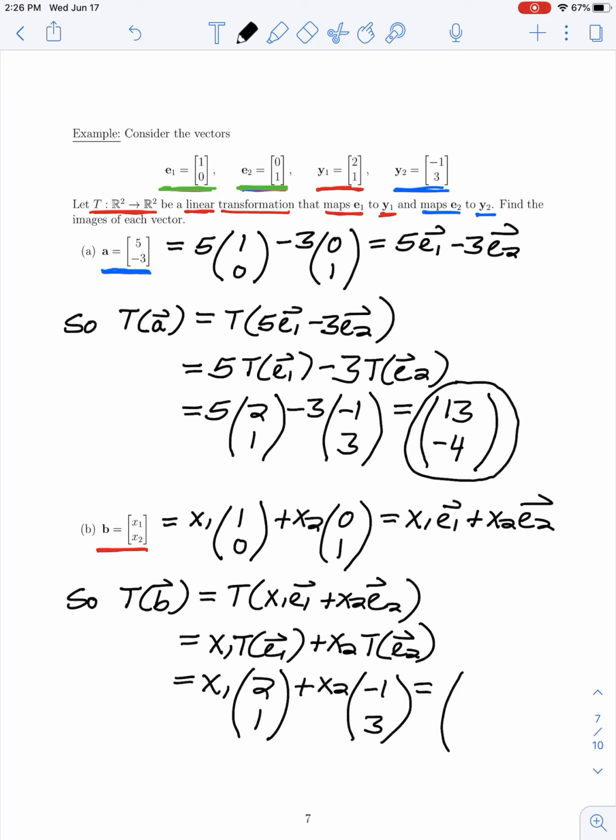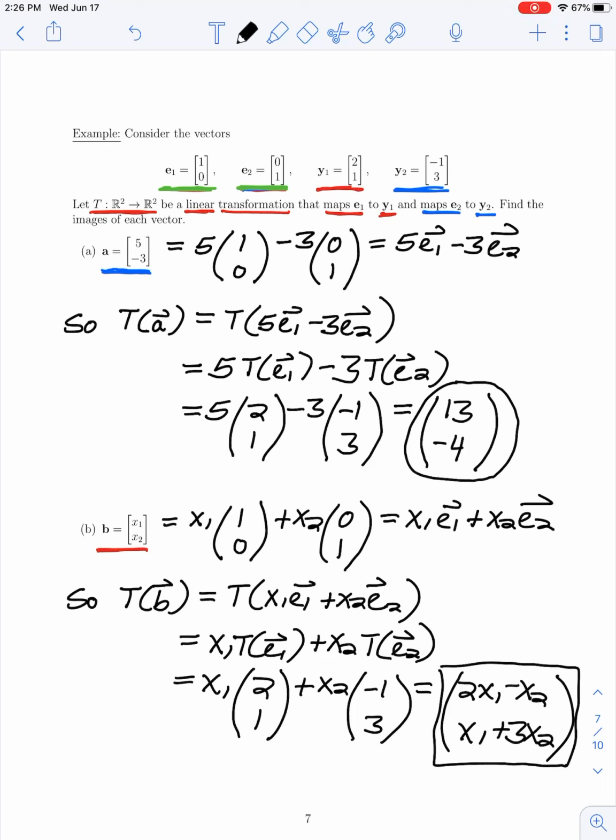So we're left with, for the image, (2x1 minus x2, x1 plus 3 times x2). So this is the image of any vector whose components are x1, x2 under that transform. We now have a formula to get the image of any given vector under the indicated transform.